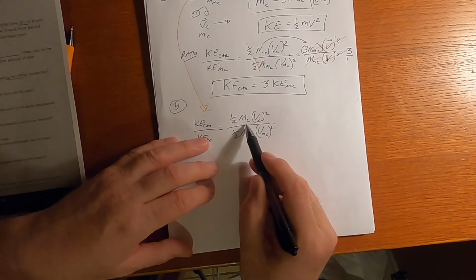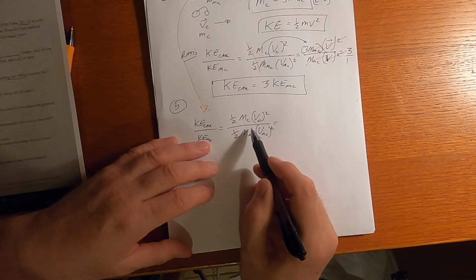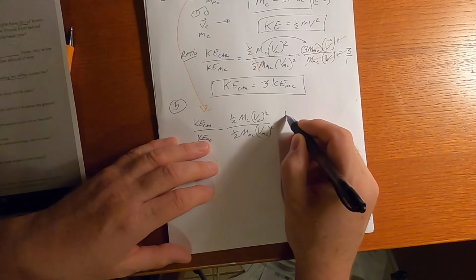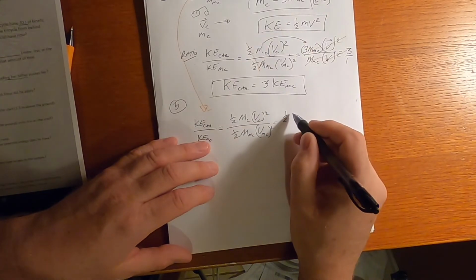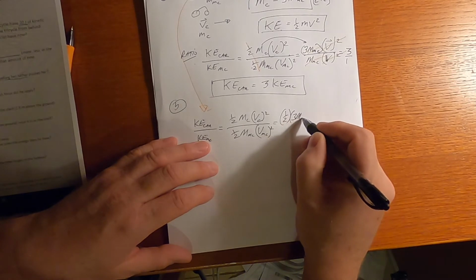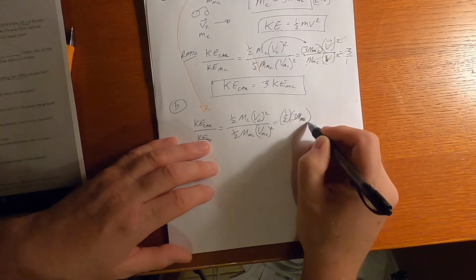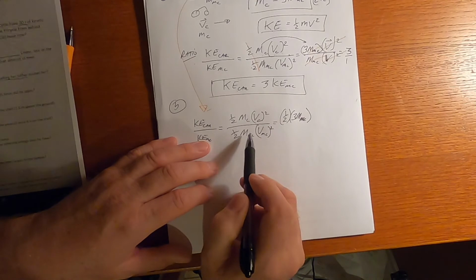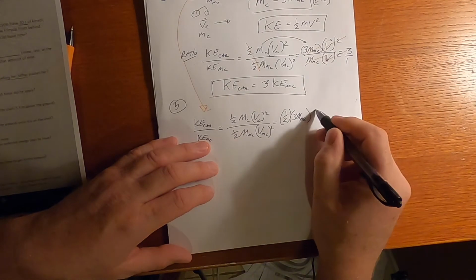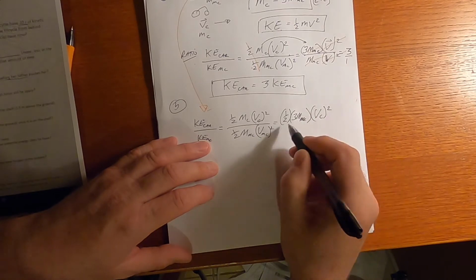Now, the mass of the car is still 3 times the mass of the motorcycle. So I have 1/2 times 3 times mc, the mass of the motorcycle, but the velocity of the car we're going to keep as velocity of the car squared.